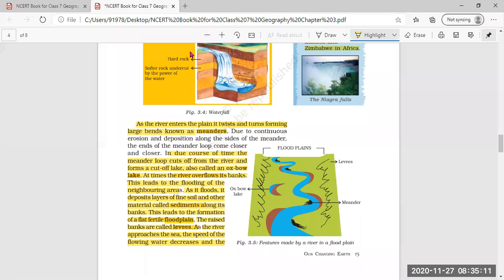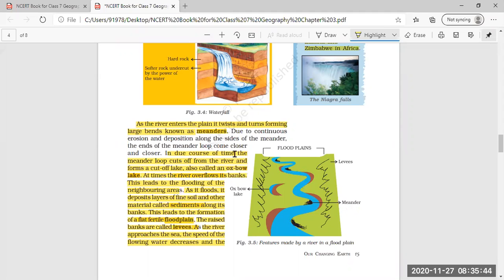When the river enters the plain area, there is no particular path for the water to pass, and thus it twists and turns, forming large bends. These twists and turns in the form of large bends are termed meanders.